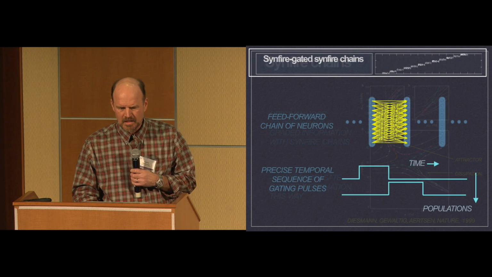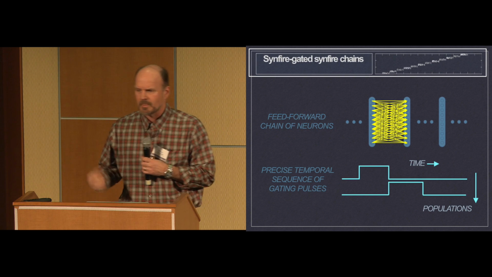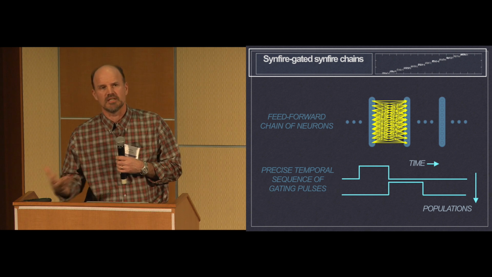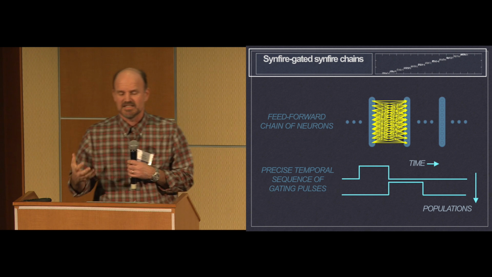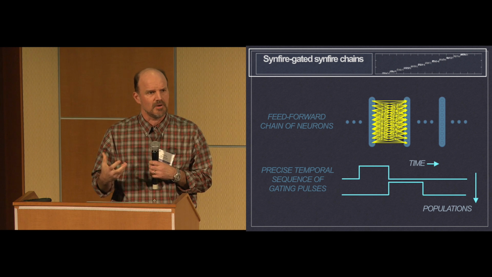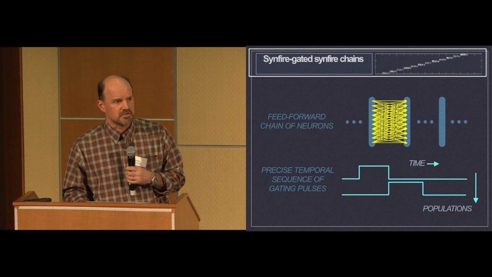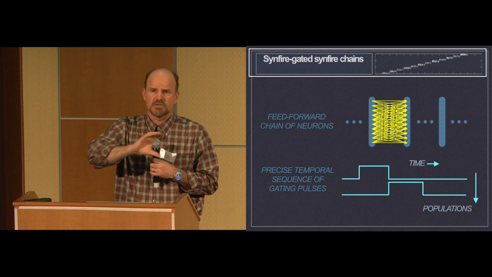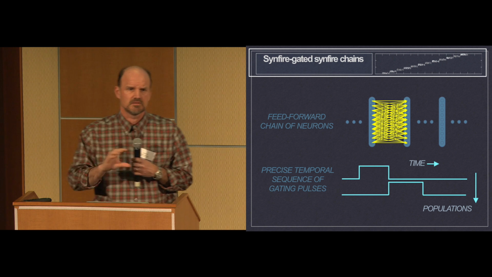So Louis and I needed to propagate some graded information. This was the modification to Synfire chains that we came up with that allowed us to do that. It's very straightforward. What you do is you put together two Synfire chains.